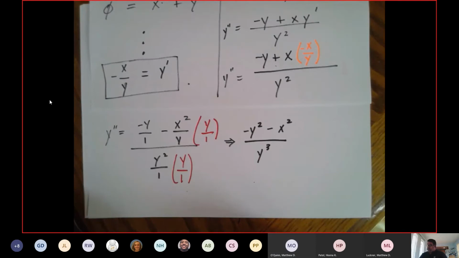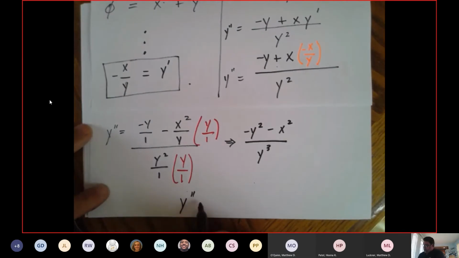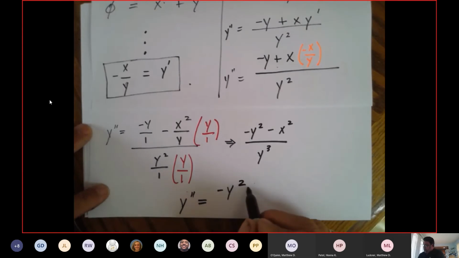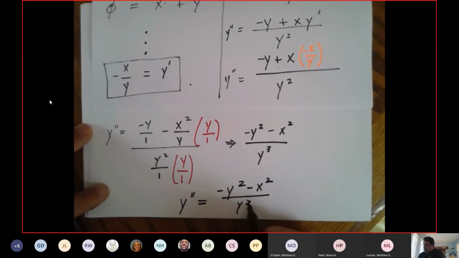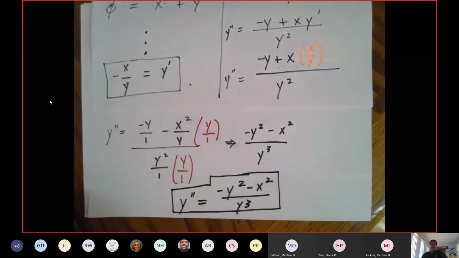And that is your second derivative. Y double prime is equal to negative y squared minus x squared over y to the third. Yes, you can turn that around and make x come first, but it doesn't make any difference to me.